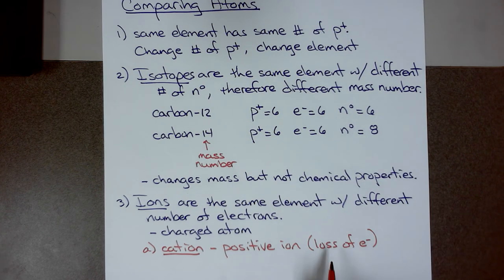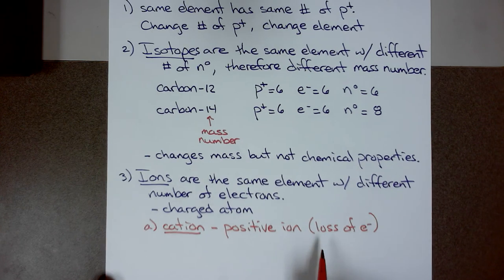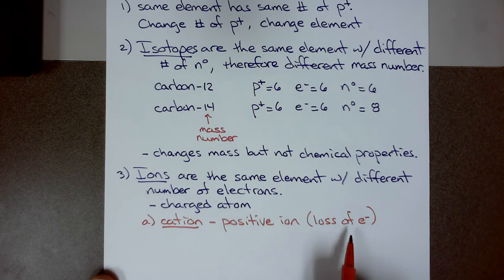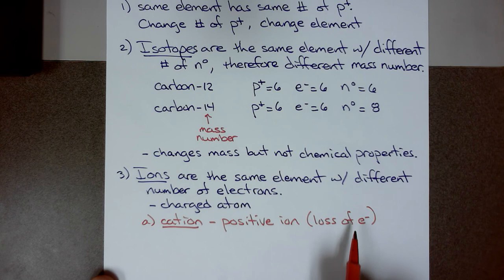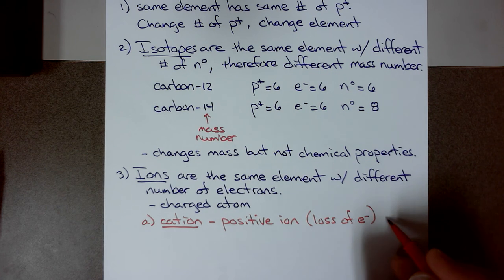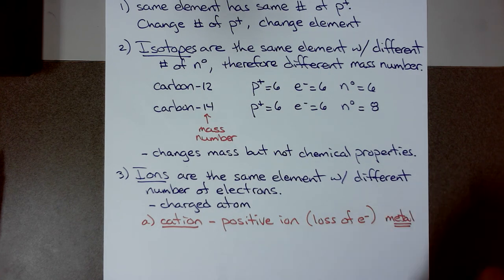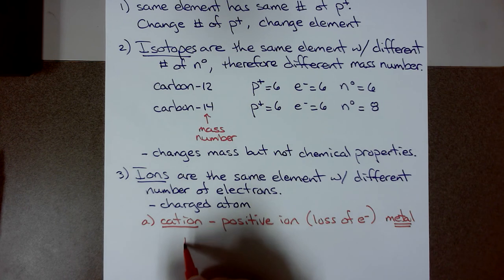Since protons are the ones that remain the same, if I'm losing negative charge, what I have left over is a positive ion because I've lost electrons. And usually they are metals. So I'm going to write metals over here. An example would be Na1+.